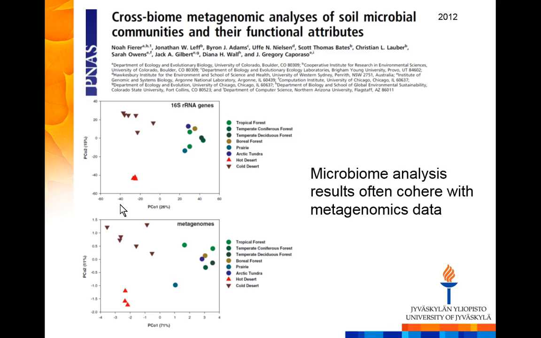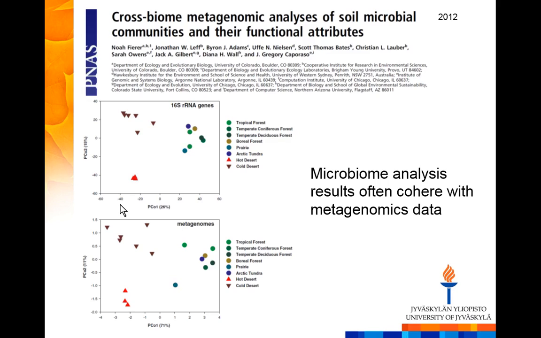The nice thing with 16S-based community sequencing is that the results very often align very well with metagenomics sequencing. The price difference for the two methods is huge.